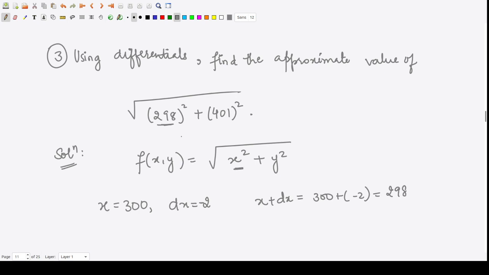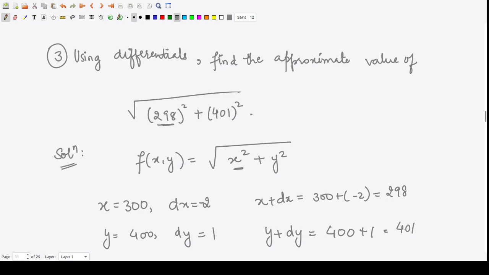In a similar manner, we can choose y to be 400 and dy to be equal to 1, so that y plus dy becomes 400 plus 1, that is 401. Okay, so this is for the notation.